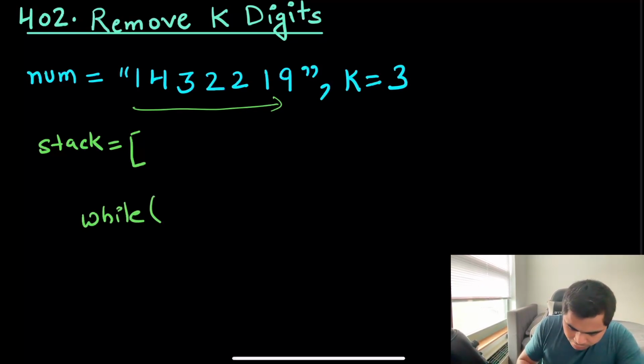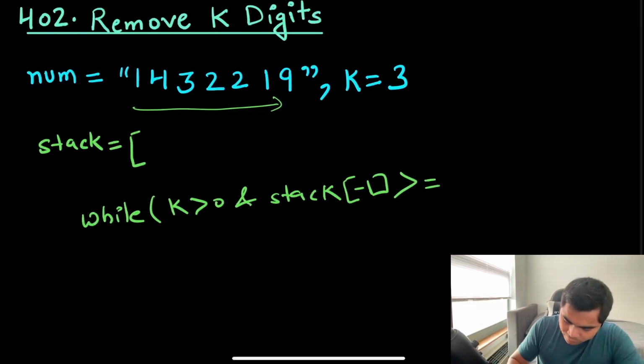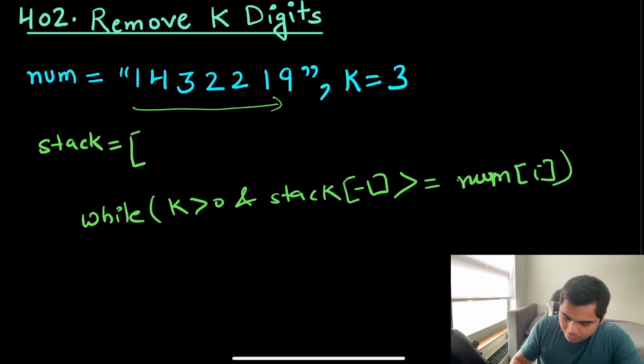We will have this check right here: while k is greater than 0 and our stack has some values, we compare if the stack's top number is greater than or equal to my current number, let's call it num i. If this is the case, I will pop the number from my stack.